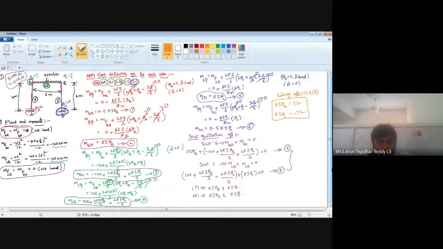How to find the final moments? In the third step, we have calculated the EI theta B value and EI theta C value. So these two values are substituted in the second step.